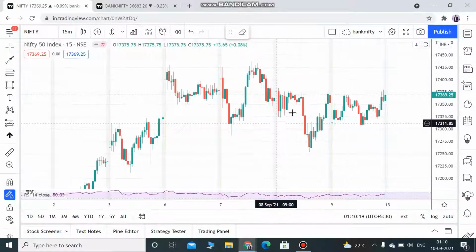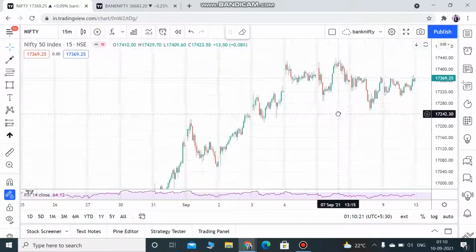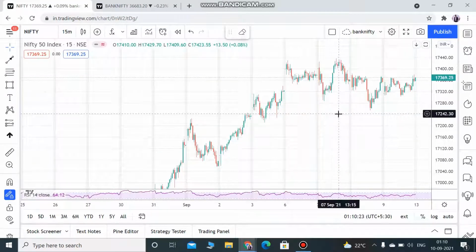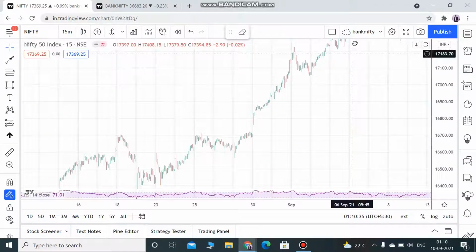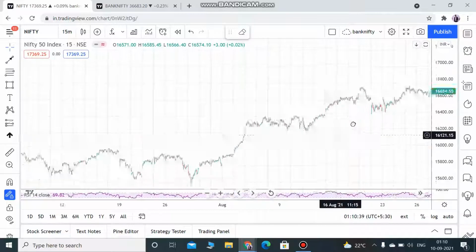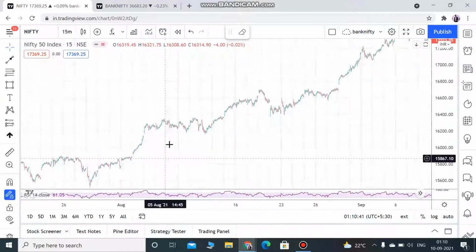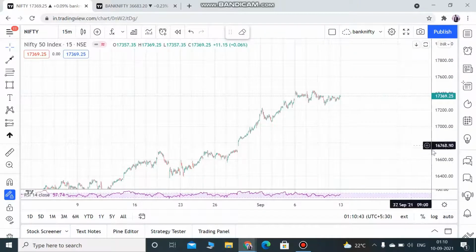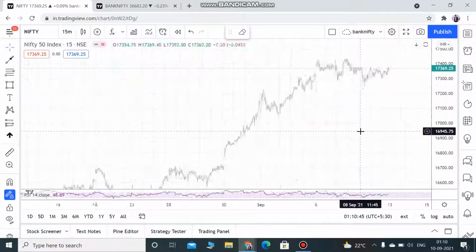So I thought I'll come up with a new concept on trading with the trend and the pullback using RSI. It is becoming very difficult nowadays when you see Nifty from around 15,800 till 17,000. There are no proper pullbacks.